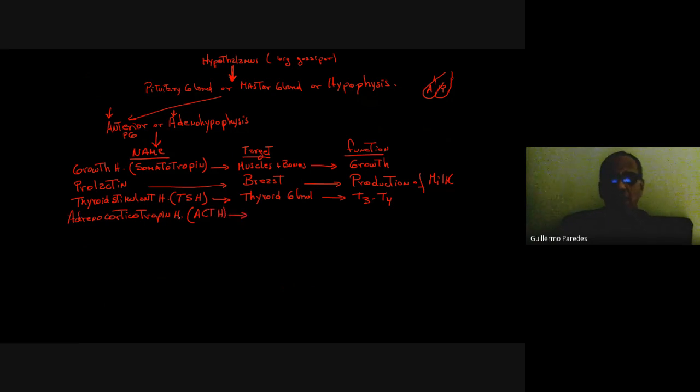And what is the target organ? It is going to be the adrenal gland cortex. And what is the function? Basically to produce cortisol. What is cortisol? Cortisol is the stress hormone, correct?